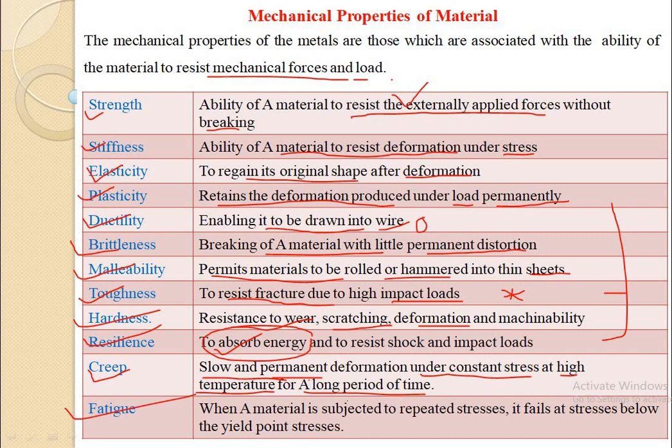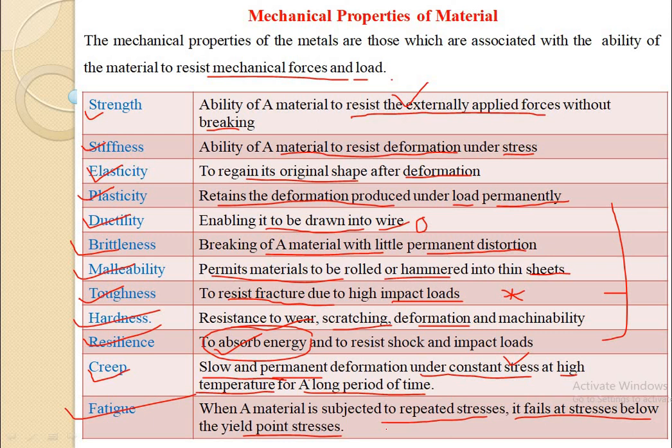And the last one is fatigue. Now, what is the difference between creep and fatigue? Try to understand. In case of creep, it is a constant stress. It fails at a stress below the yield point stress. We have seen that in the case of ductile materials, the design criterion is the yield point stress; the material will fail when the induced stress crosses the yield stress.